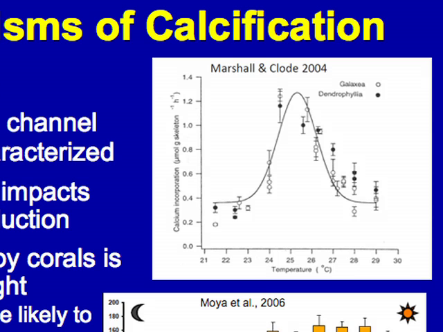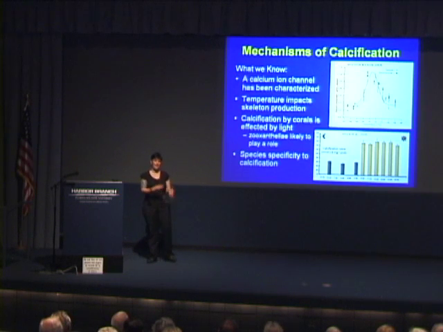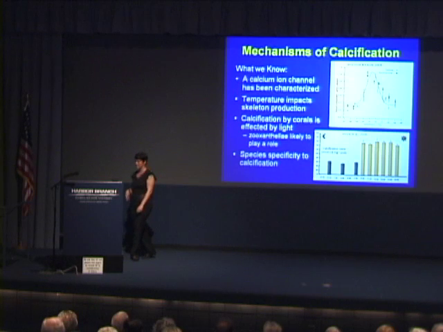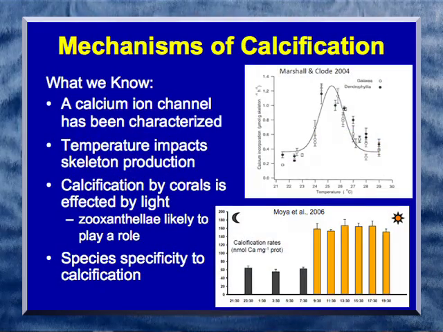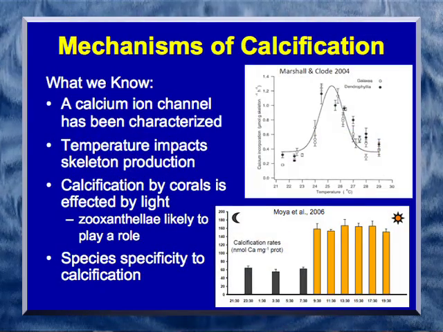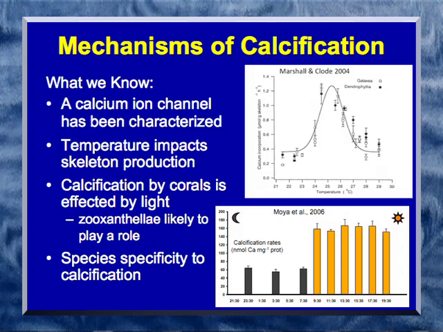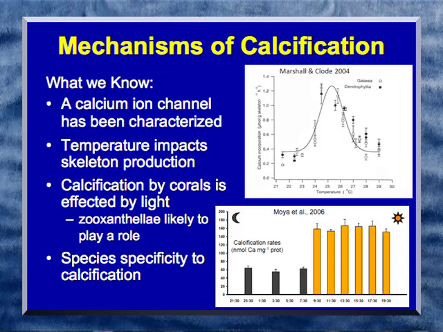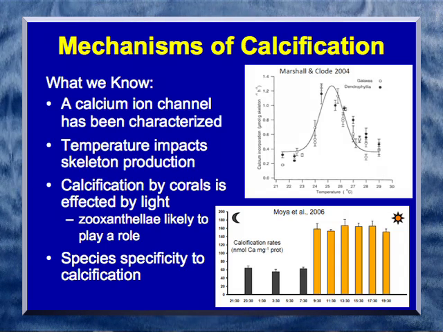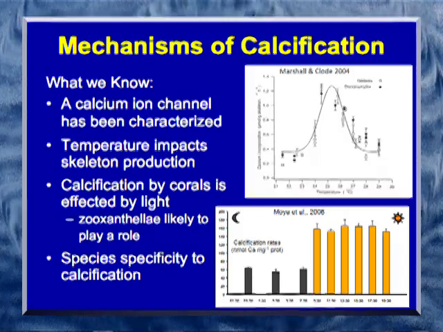So temperature does have an effect, and that's important to know because hand in hand with ocean acidification is warming temperatures of ocean waters. In addition, we do know that coral calcification is affected by light. So this means that zooxanthellae are likely to play a role, and that's shown in this graph here.